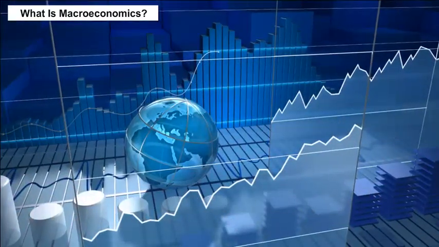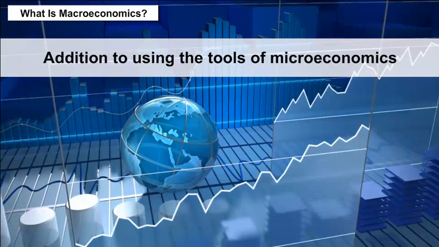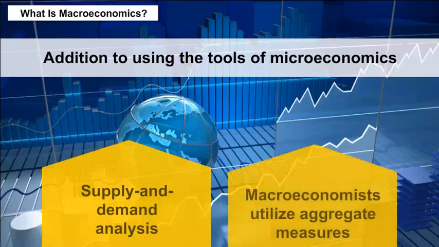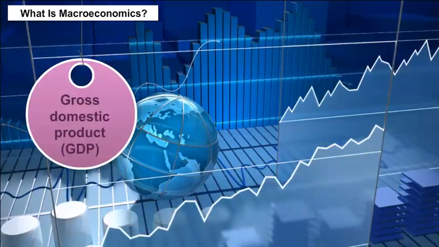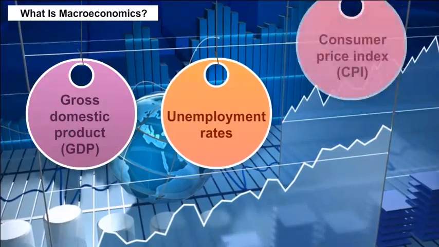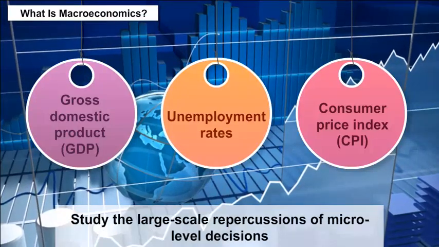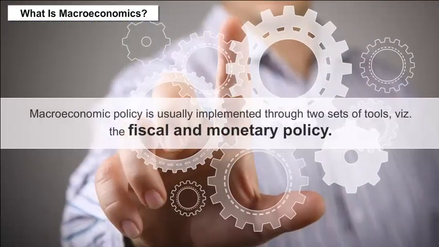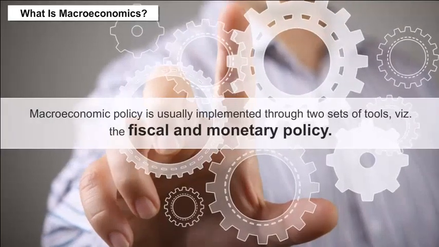Additionally, we can observe that in addition to using the tools of microeconomics, such as supply and demand analysis, macroeconomics utilizes aggregate measures like gross domestic product, GDP, unemployment rates, and the Consumer Price Index, CPI, to study the large-scale repercussions of micro-level decisions.